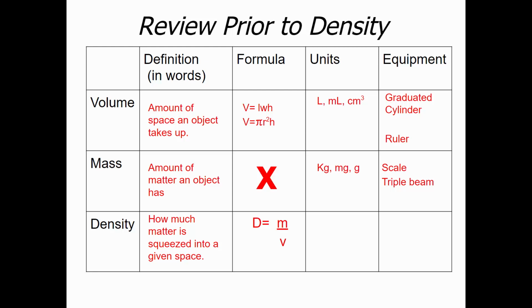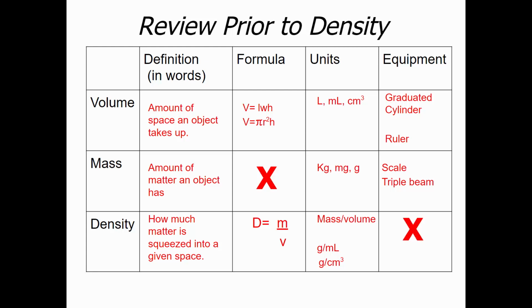What are the units of volume? Centimeters cubed. You could use grams per centimeter cubed or grams per milliliter. That should make sense because what we're saying is every cubic centimeter of aluminum will have a mass of 2.7 grams.